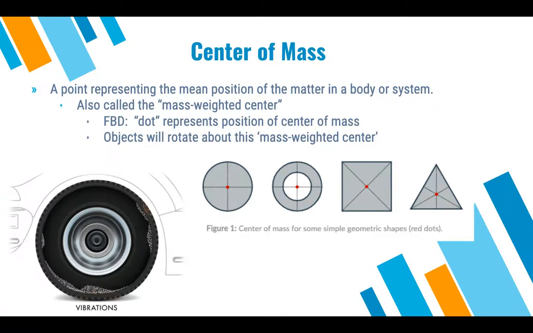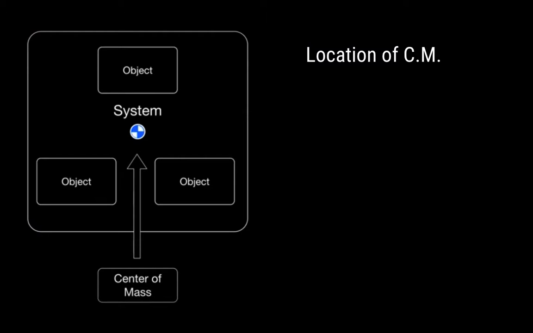Let's say we have something a little bit more complicated than a geometric object, or rigid body, we call it. Let's say that we have a system of particles. If we have three different objects within a system, or three different particles within a system, the center of mass would most likely be somewhere in between them, right?